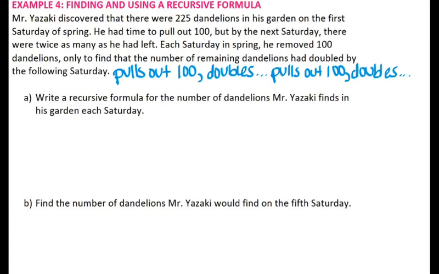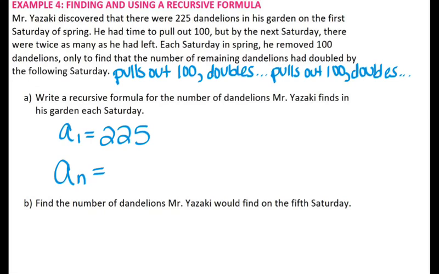So again, for recursive formulas, we always start by listing the first term. So on the first Saturday, he had 225 dandelions. And what's happening is he is pulling out 100, so that means he is subtracting 100.